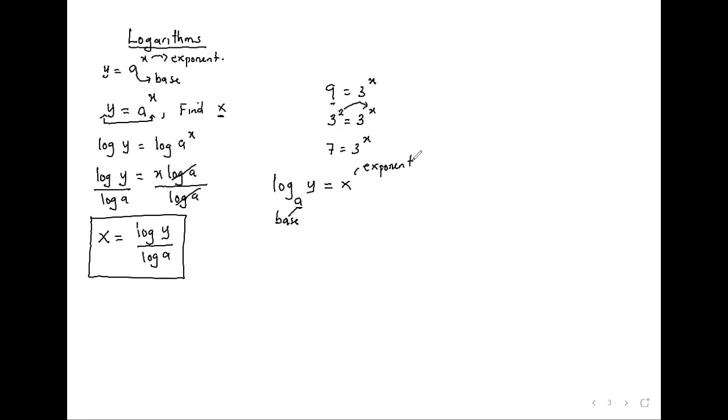So we can now move from logs to exponentials by getting the base. First we get y, and say y is equal to the base a to the power x. This is how it was initially.